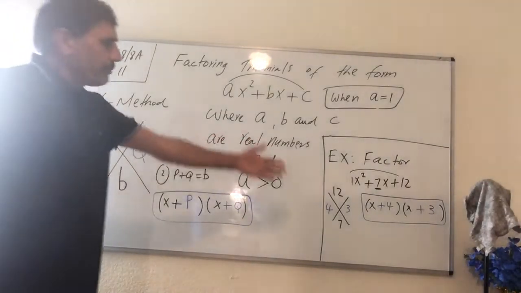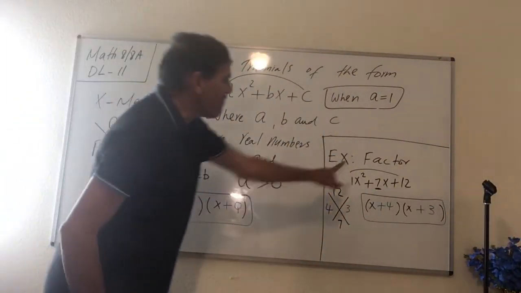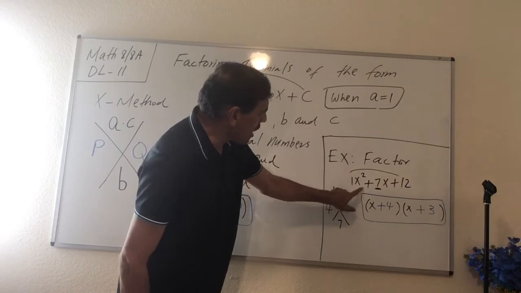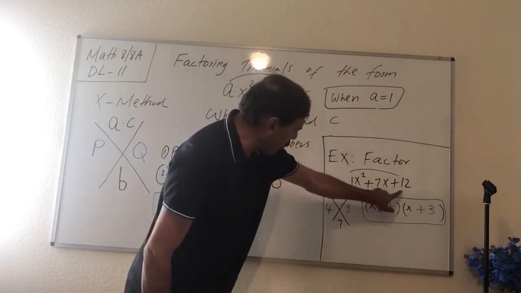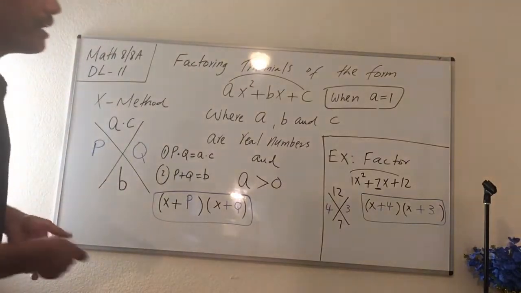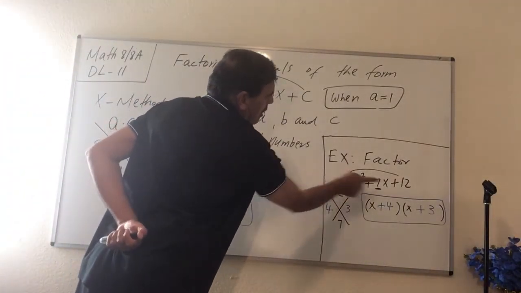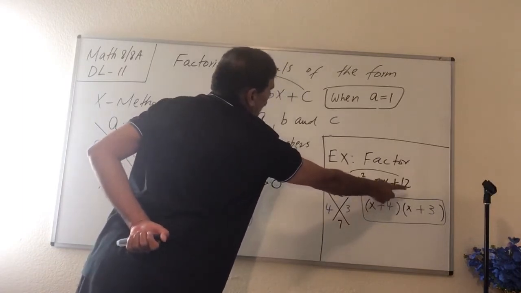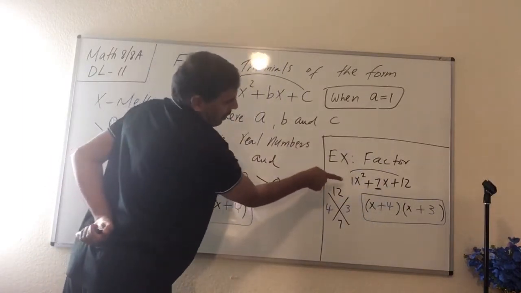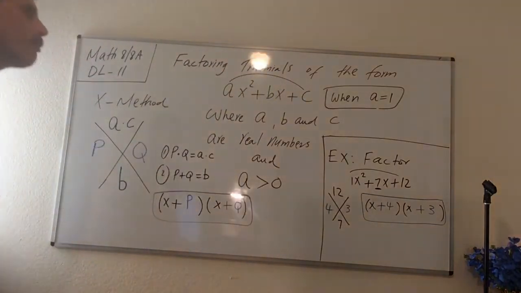Here's a quick example: factor x squared plus 7x plus 12. That's your second degree trinomial in descending order. The leading coefficient is 1 and the constant is 12. So we multiply 1 times 12, which is 12, and that goes on the top.